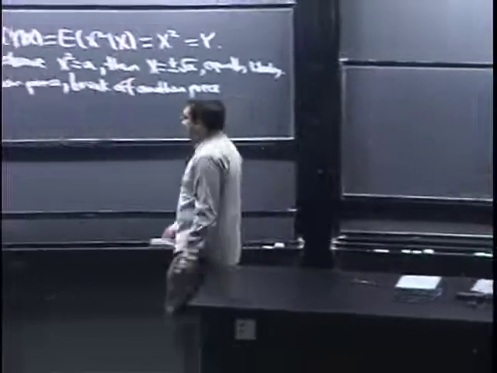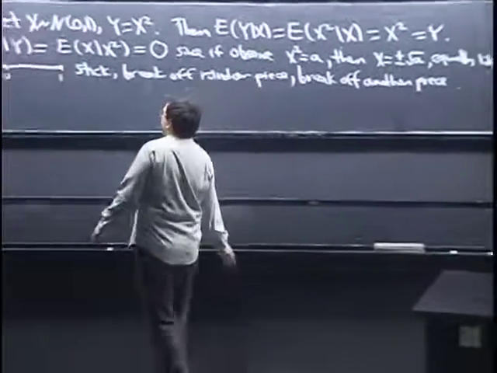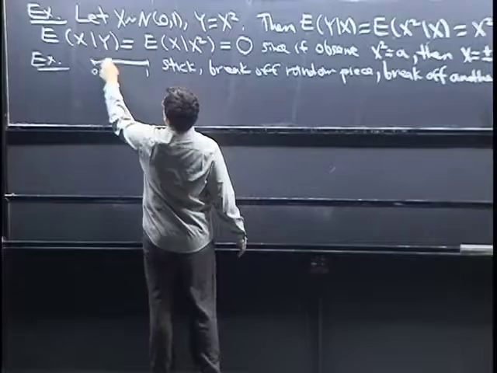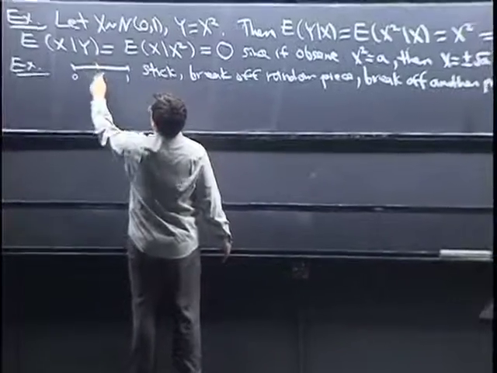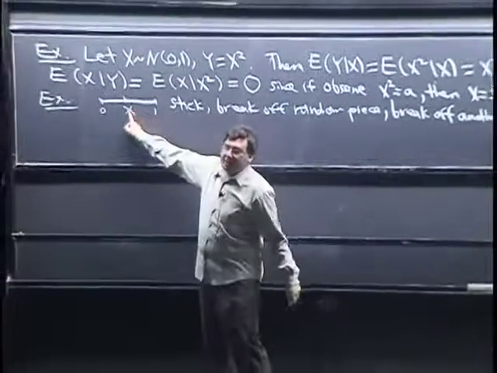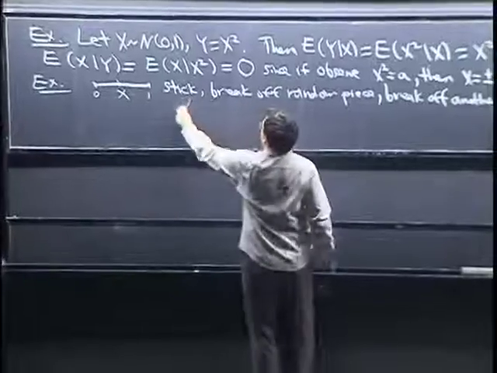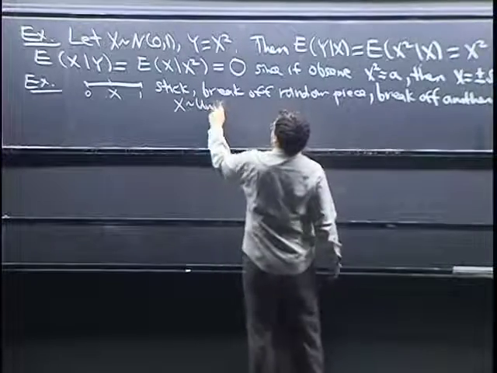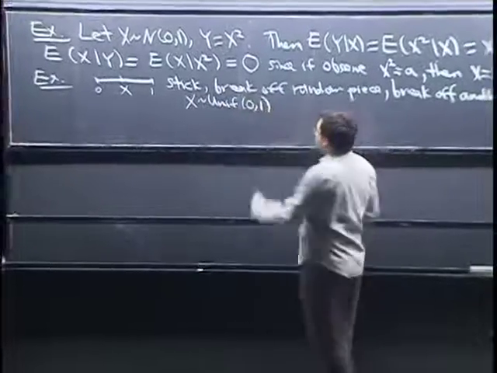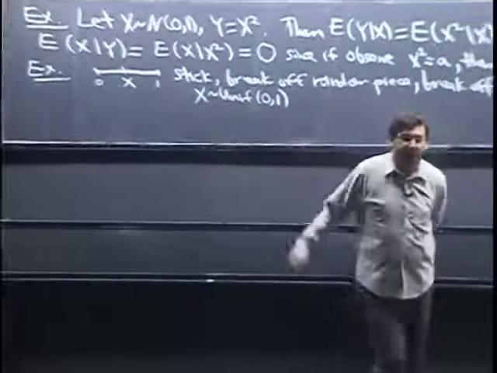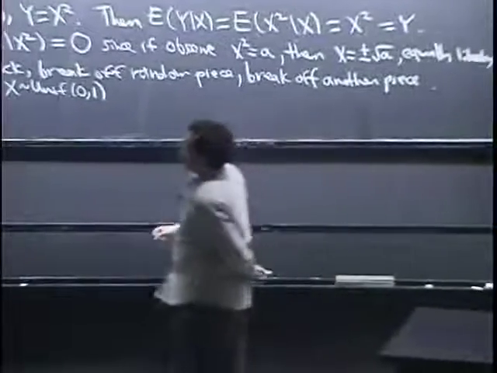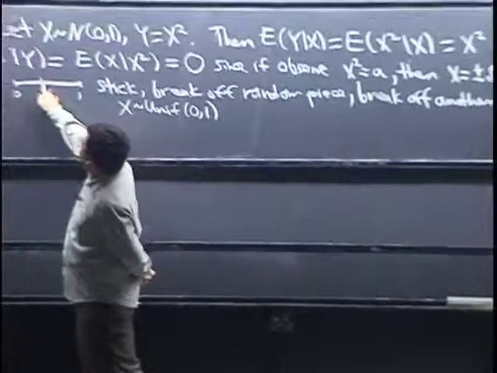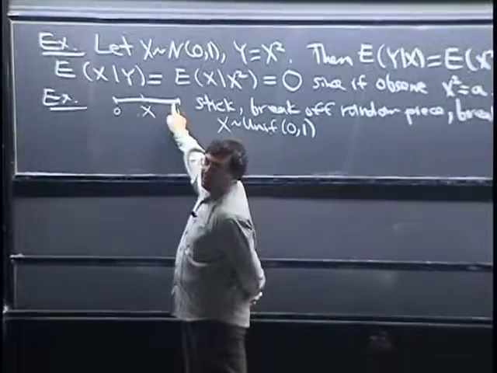And suppose we want the expected value or the conditional expectation for the length of the second piece. So in terms of the picture, what we're doing is we're first picking x, I just have to put it somewhere for the sake of the picture. That's x, but let's assume that x is uniform between 0 and 1. I'm just translating what I just said into probability notation. So that's the first break point. So we break the stick here, and we keep this part, throw out the other piece.